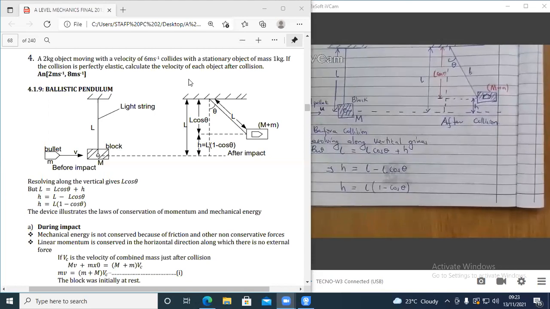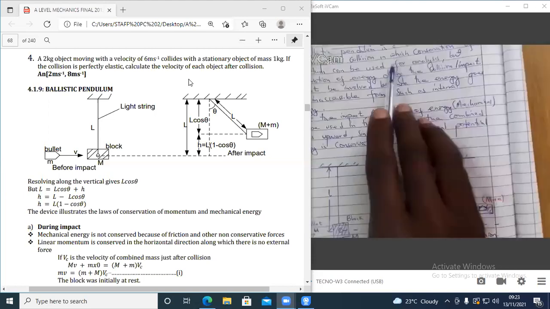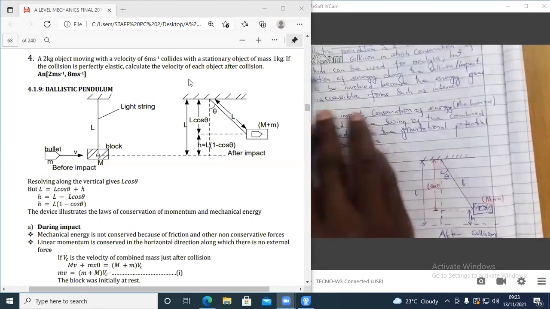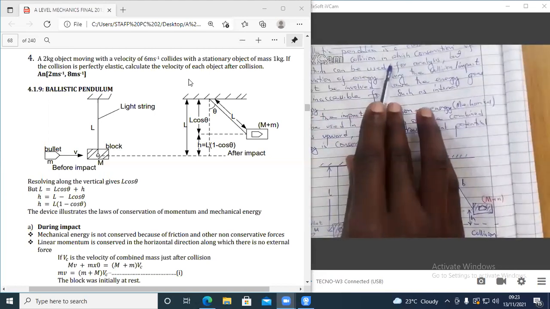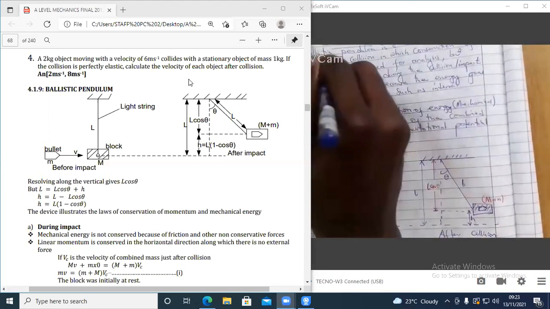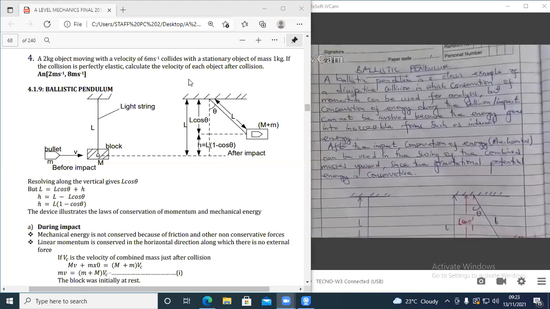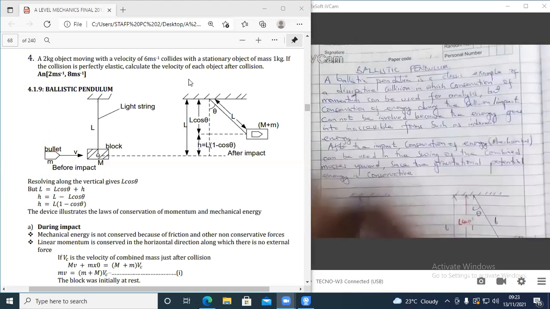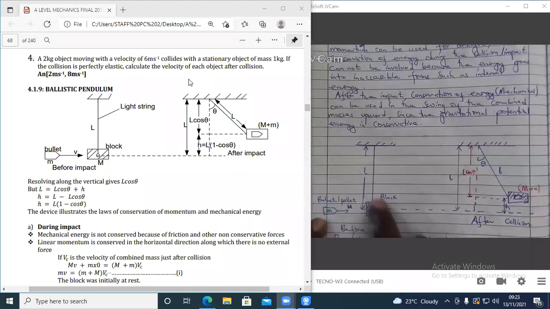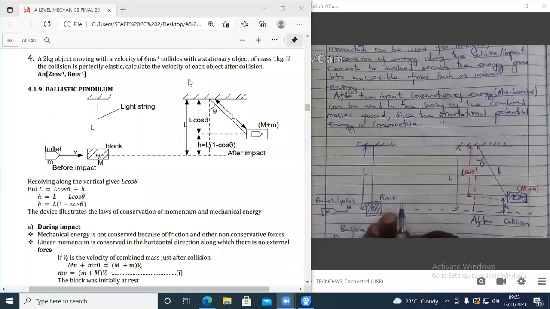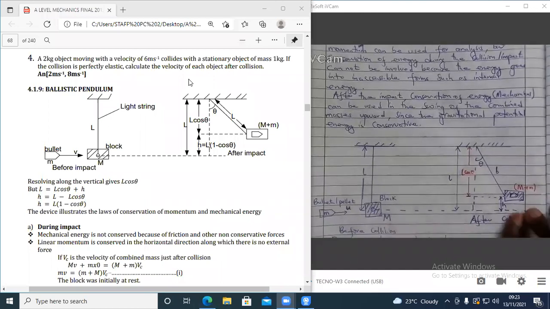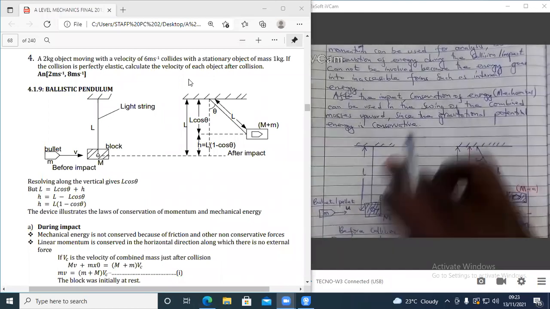Now, remember we said momentum is conserved. A ballistic pendulum is a classic example of a dissipative collision, which means there's a reduction, a loss in energy. The bullet comes and gets embedded in the block, which was at rest, then they start swinging.